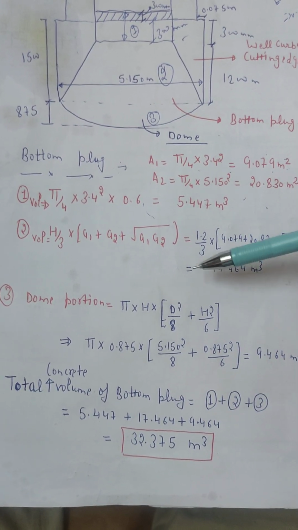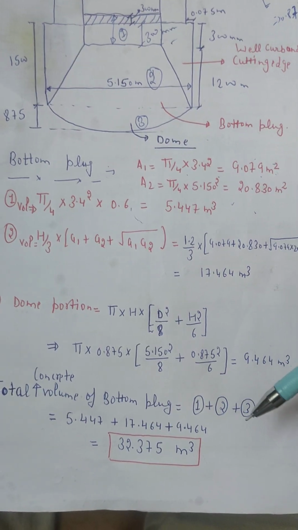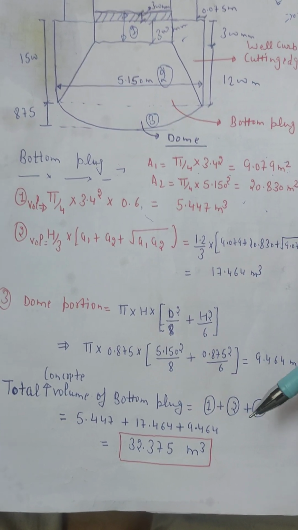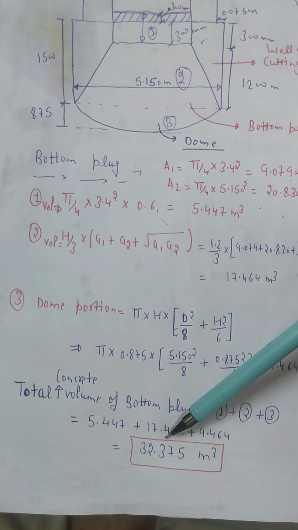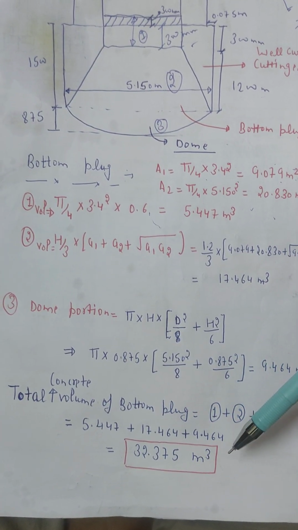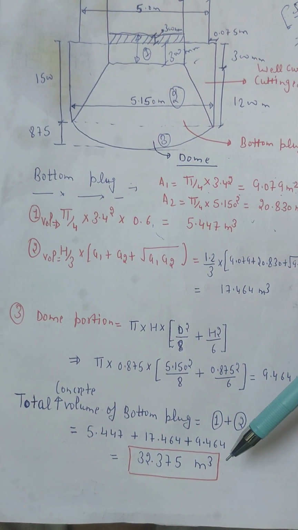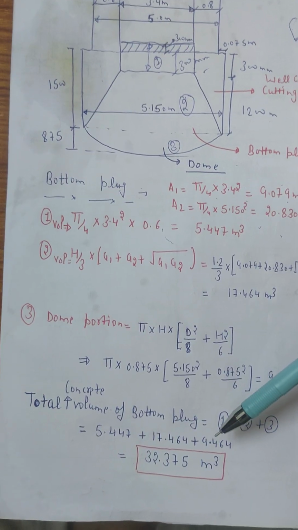And then the third part, the dome portion, is 9.464 meter cube. So adding these values, we get around 32.375 meter cube as the total volume of bottom plug. Thank you.